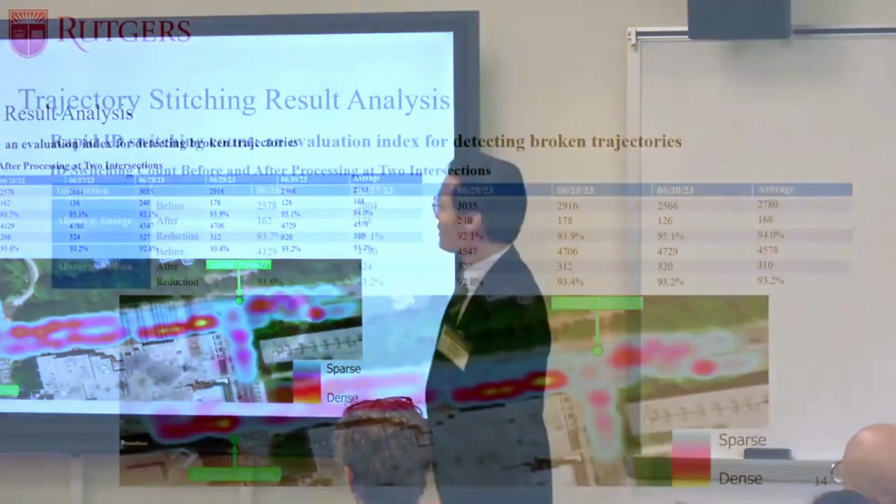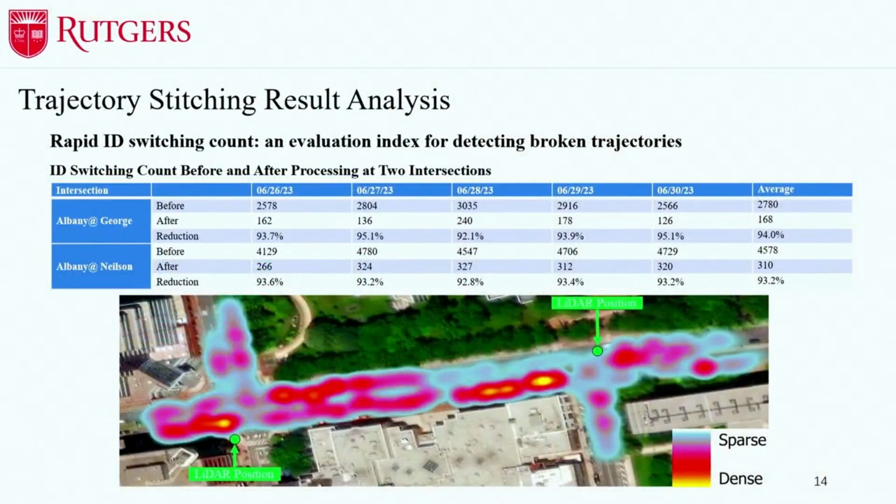Here are some of the stitching results of the algorithm. If one vehicle has some broken points, the ID will switch between before and after the broken points. When I stitch them back, I also assign the same vehicle ID back to the same vehicle.